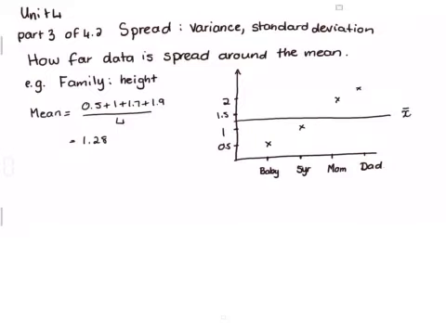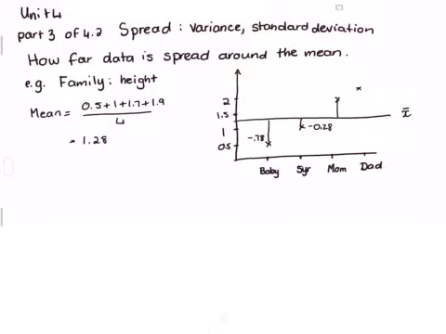Now, baby is below the mean. So baby is negative 0.78 below the mean. The 5-year-old is below the mean, negative 0.28.